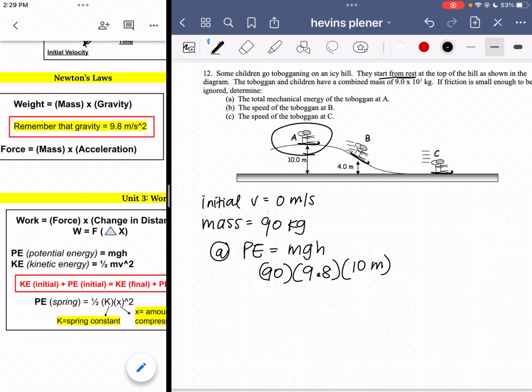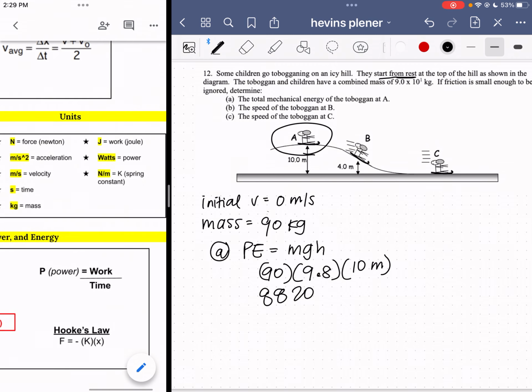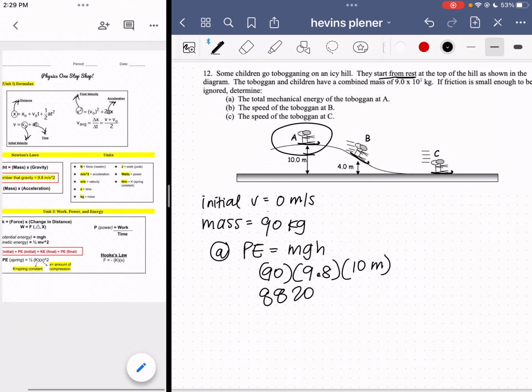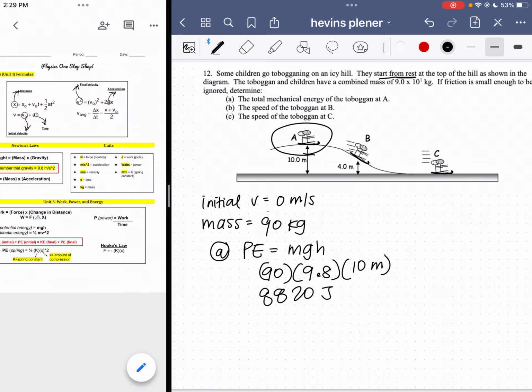So then we have potential energy is 8820. And then you look at your one-stop shop and our unit is joules. And because it's 0 kinetic energy right now, that is our total mechanical energy. Okay? Cool. So now let's do B.